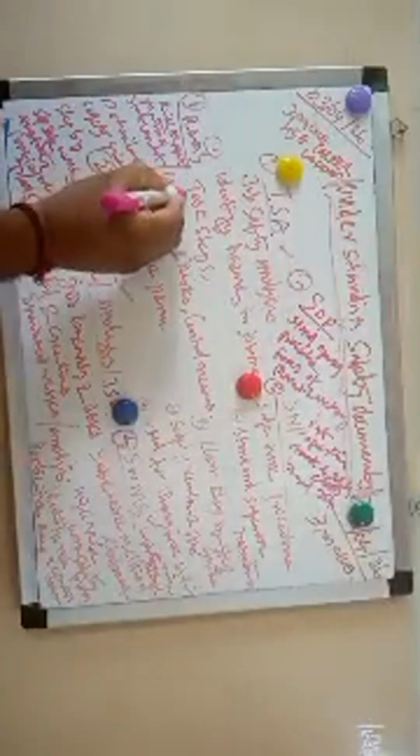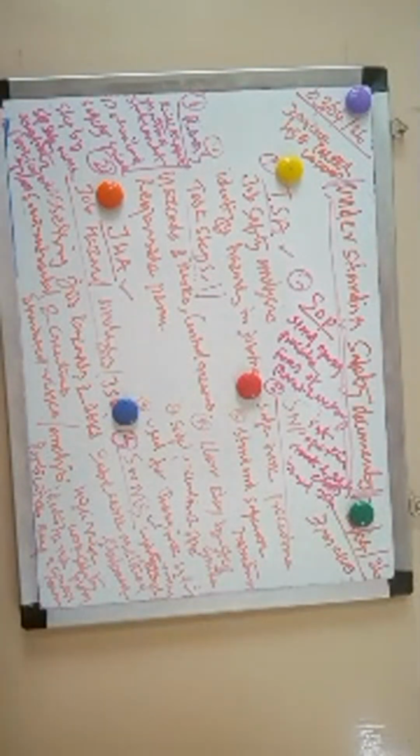So in this analysis, you have to find out the hazards in that job task. Then you make the task into steps. How are you going to make them? For example, welding. Welding is a job.